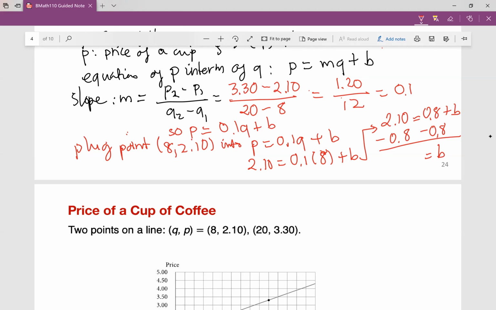The left hand side will be 2.1 minus 0.8, 1.3.